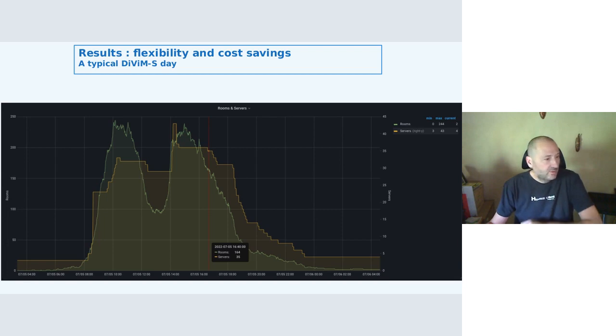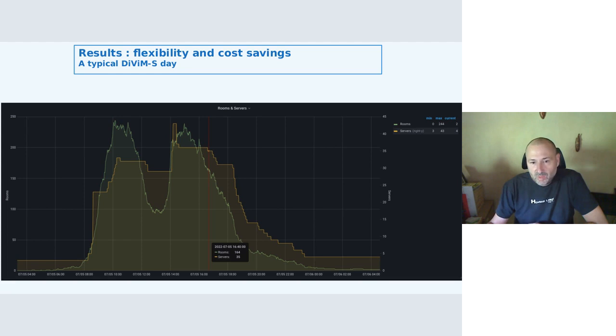So what are the results? What happens when Divim-S is integrated into a Scalelight pool? You can see on this diagram a typical Divim-S day for the French ministry's agents pool.